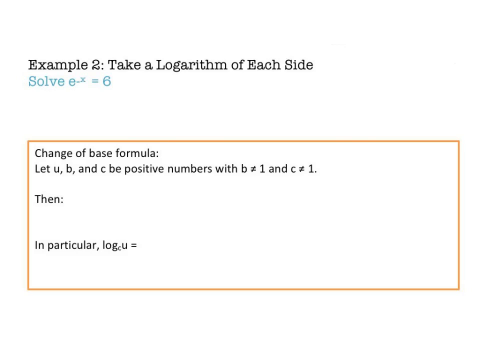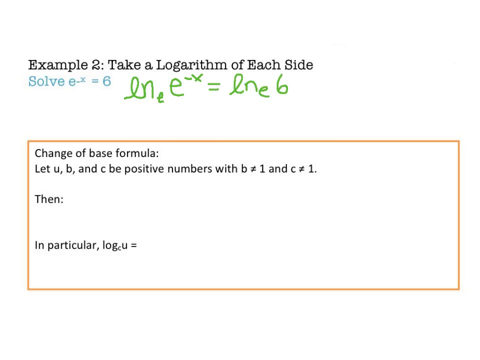So let me write down what I'm talking about. So if I take the natural log, and let me just write in the base e for now. Usually you won't see that, but just so you can see where this is all coming from. And then I still have that e to the negative x power, and I have to now do the same thing on the right-hand side.